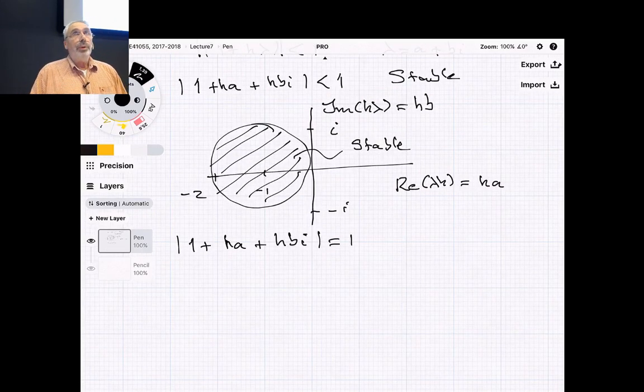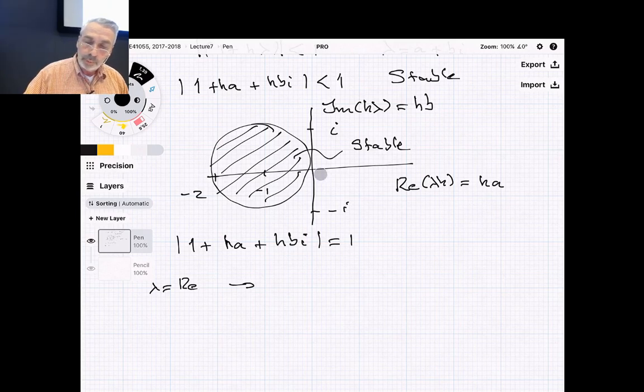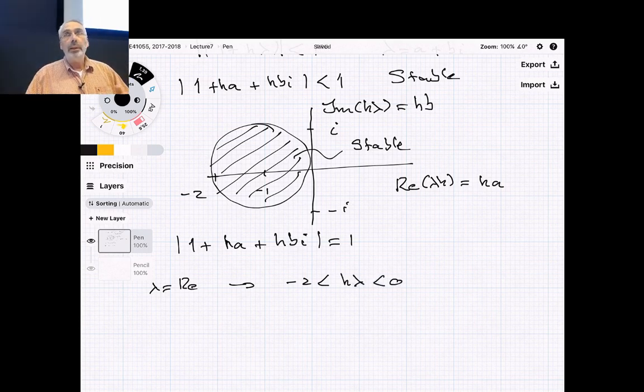You have to know what the eigenvalue of your system is, and then you can pick your step size. For instance, if lambda is pure real, then h lambda can be between this, and then apparently the maximum step size you can take.